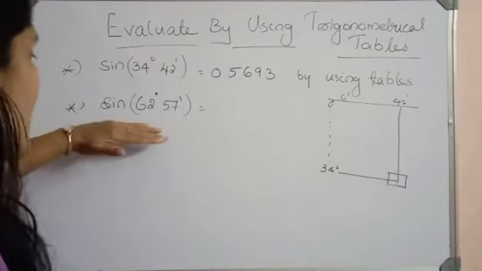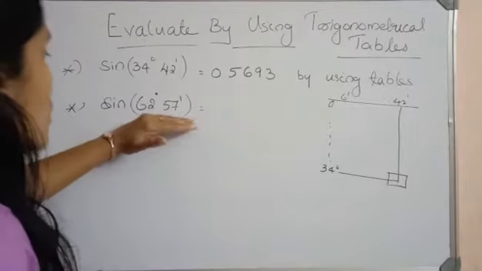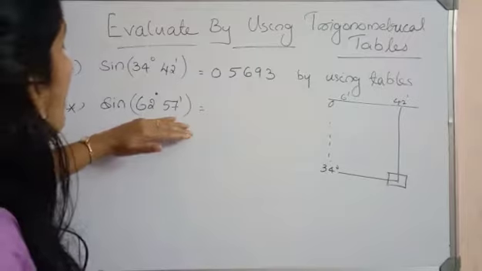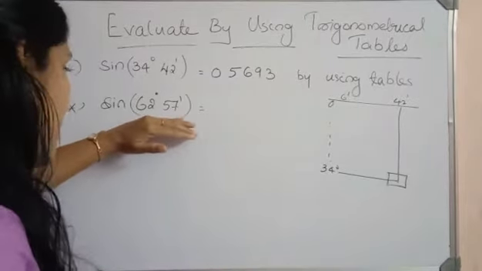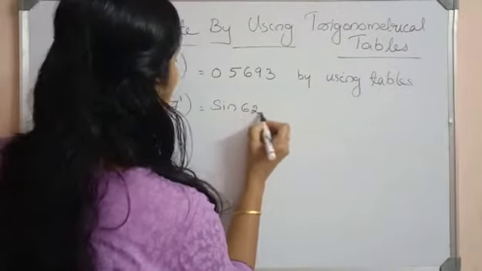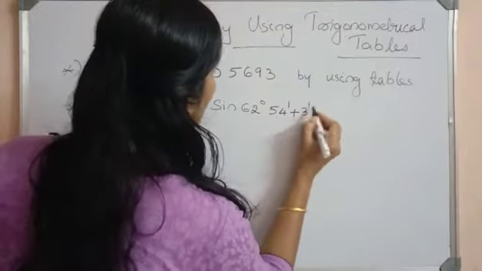These were the proper numbers given in the table, so it was easy for us to find the value. Now consider the next question, sine 62 degree 57 minutes. 62 degree you can find in the left side column, but there is no 57 minutes given there. So first we need to split this as sine 62 degree 54 minutes plus 3 minutes.